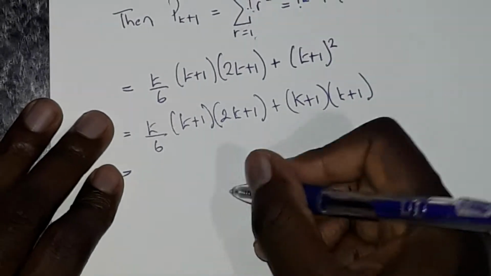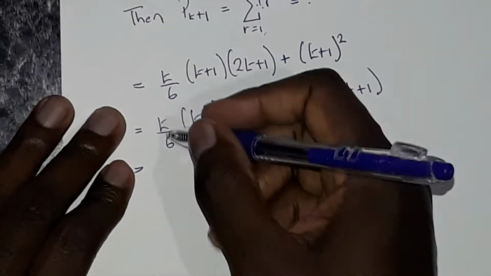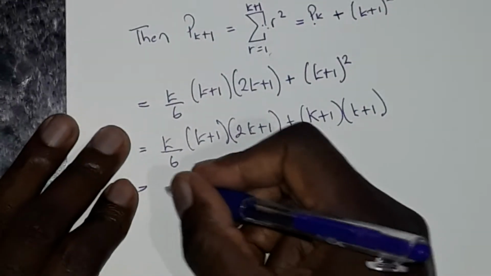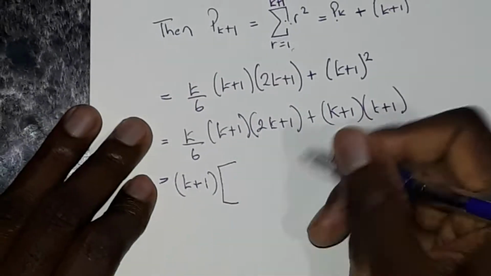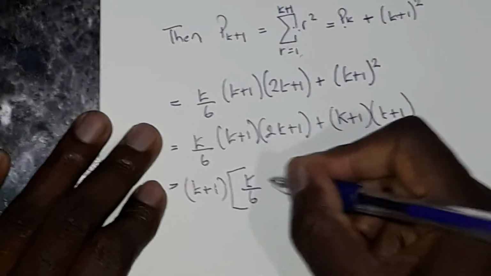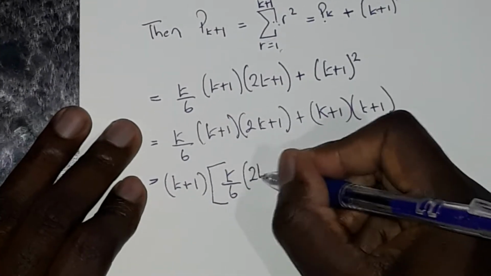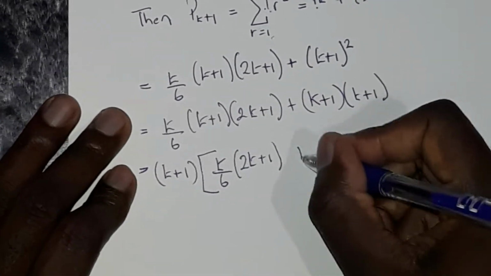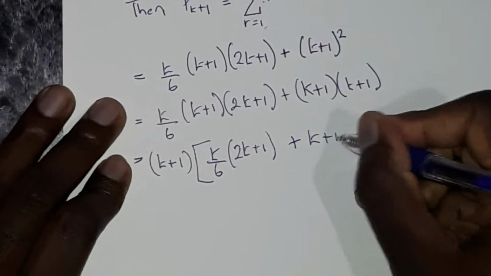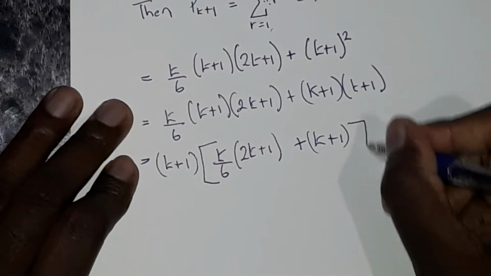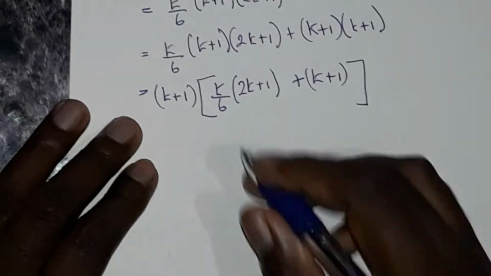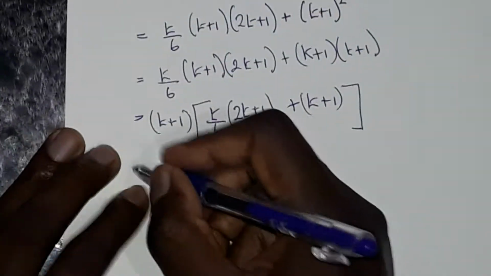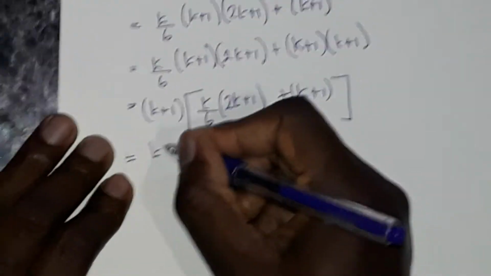So now we can factor out k plus 1. So that will leave us with k over 6, 2k plus 1 plus k plus 1. Okay, so let's continue.